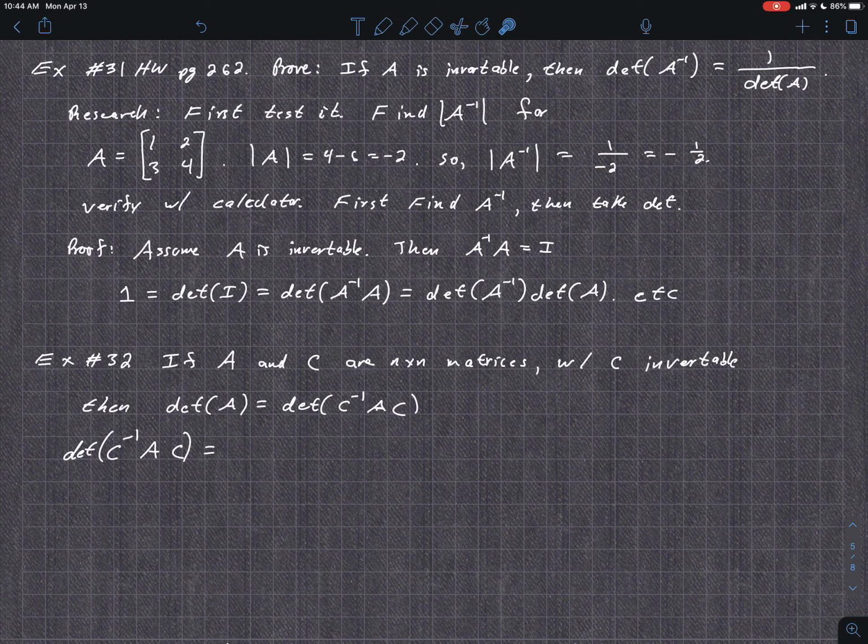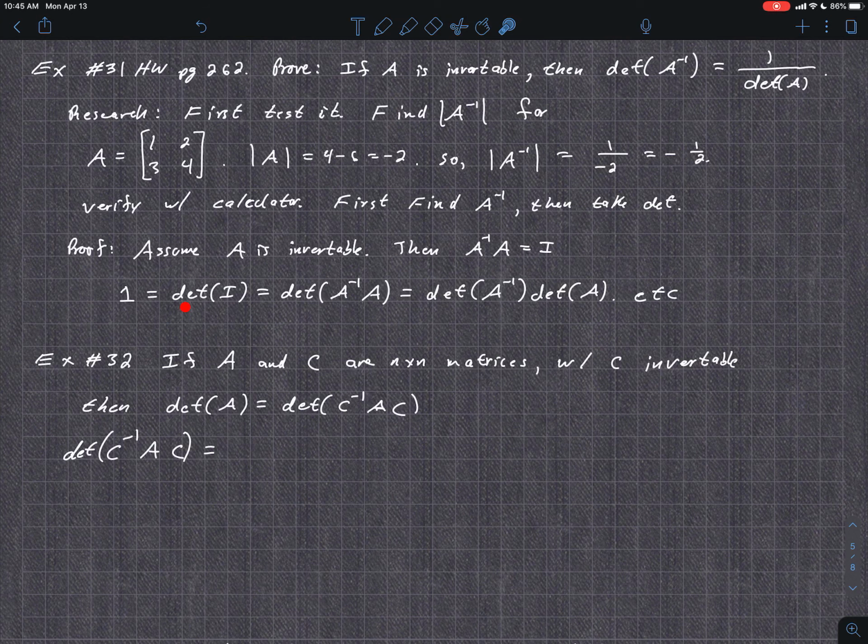Okay, so then to do the proof, say proof, assume A is invertible. So if A is invertible, we know A inverse times A is equal to the identity matrix. So you start off, now remember, determinant is a function that converts a matrix to a real number. So it's like mapping matrices to the reals.